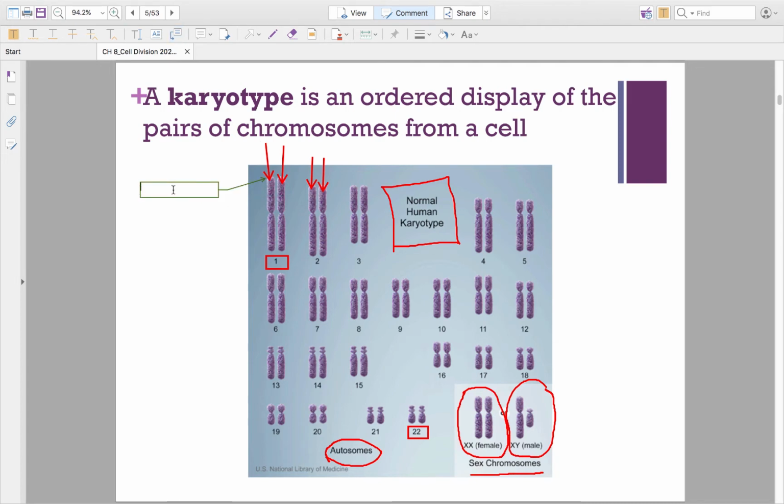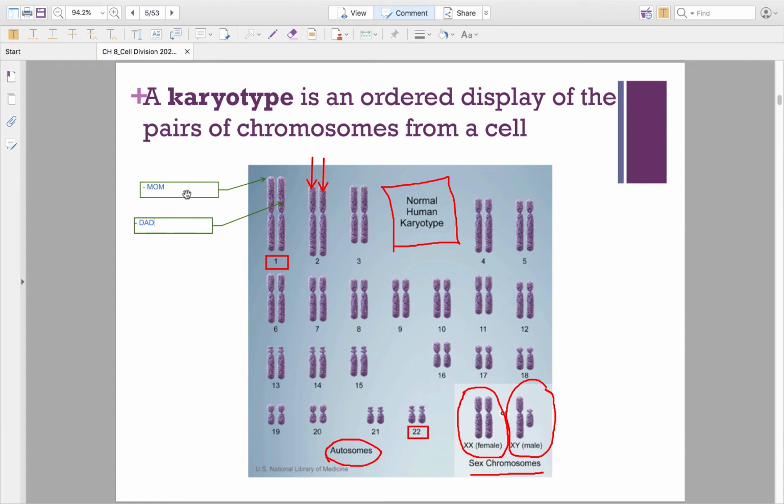Another important factor here, and this should be something that you take home and remember permanently: you inherit 23 chromosomes from mom and 23 from dad. One of these, we'll just say the first one, is the mom chromosome. The second one is the dad chromosome. Maternal, paternal, maternal, paternal.